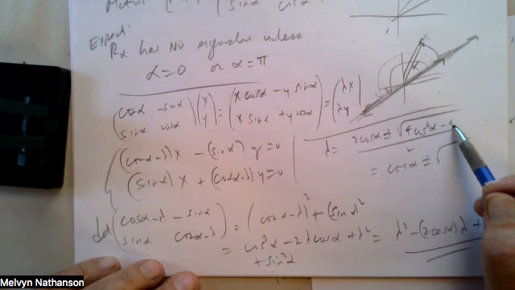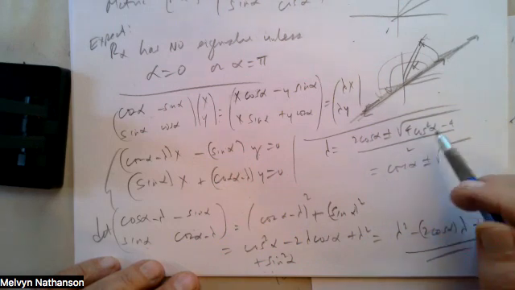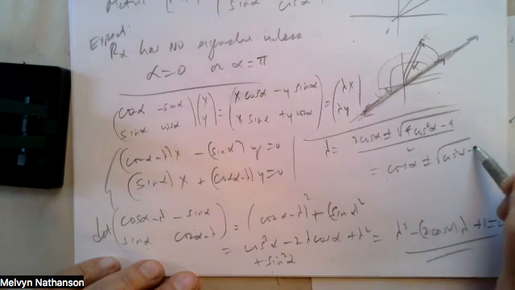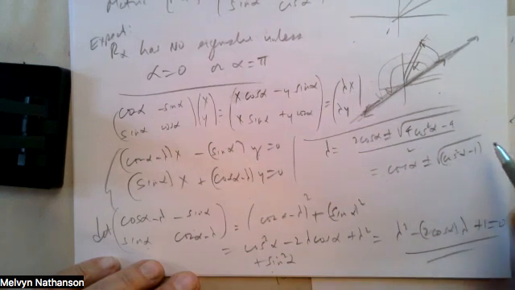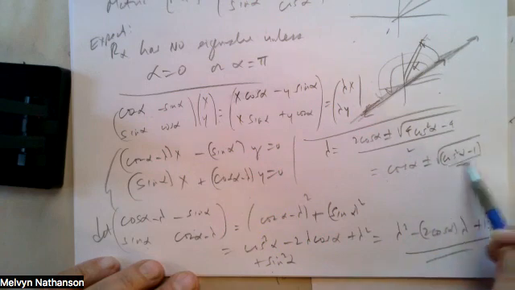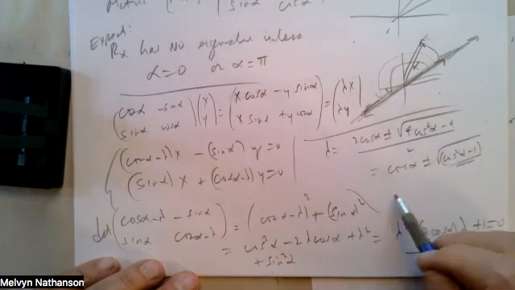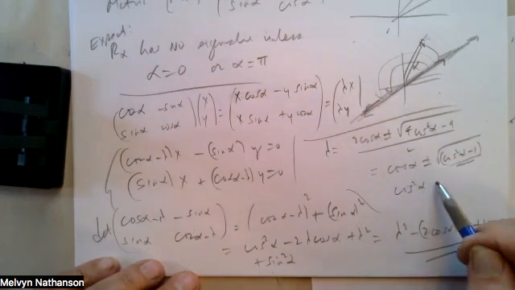I can factor out the 4, take the square root, cancel the 2. Cosine squared alpha minus 1. This is negative, and so there's no solution unless cosine squared alpha equals 1.